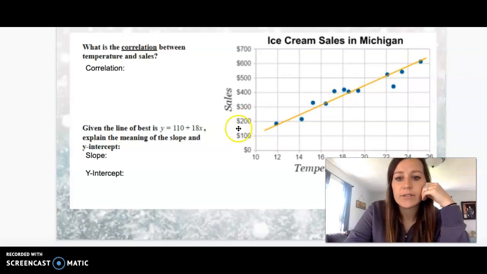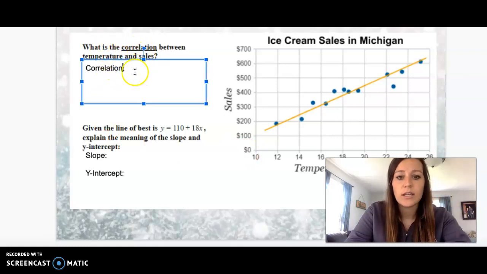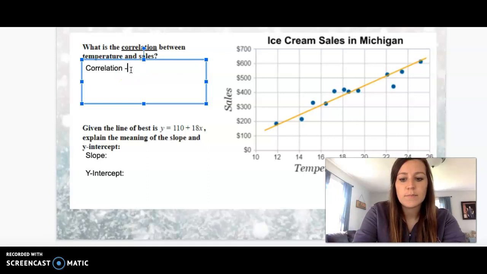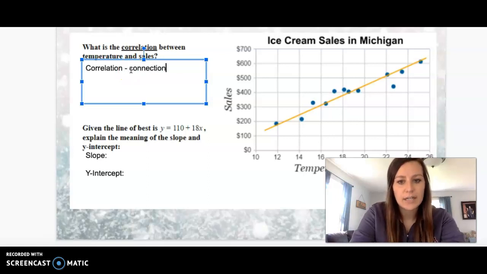So looking at our ice cream sales in relation to the temperature outside, we can see that the warmer the temperature, the more sales there are. So when we're talking about what is the correlation, think of correlation. Another word would just be connection. What is the connection between the sales and the temperature?